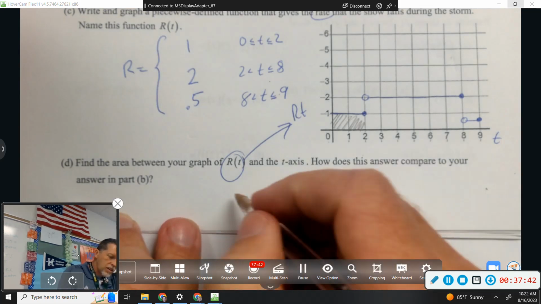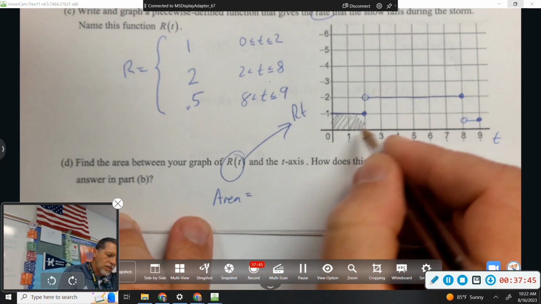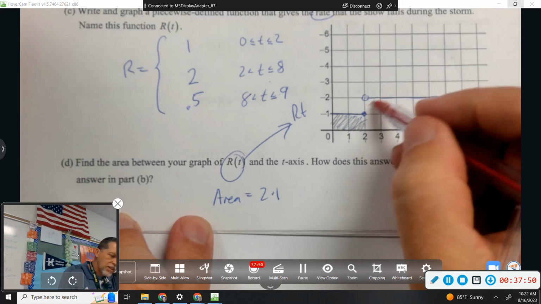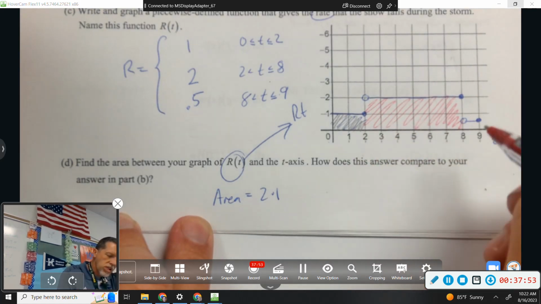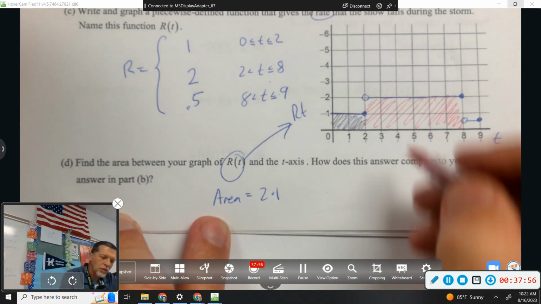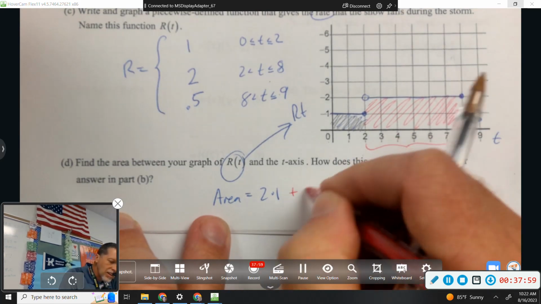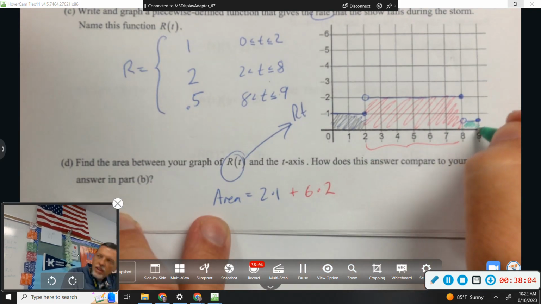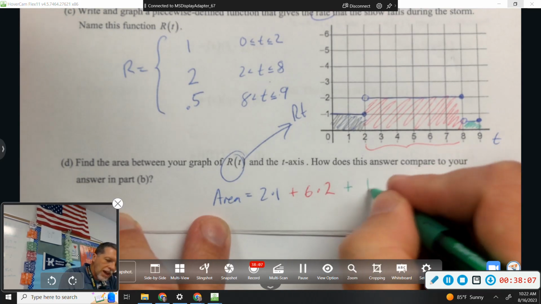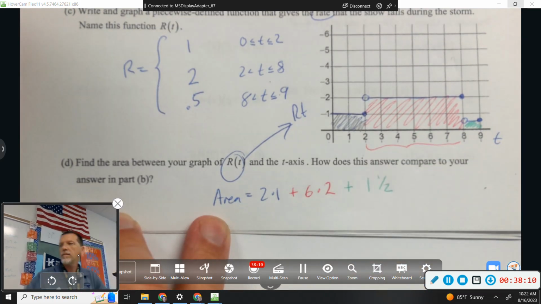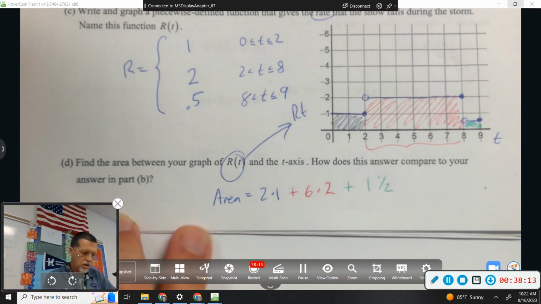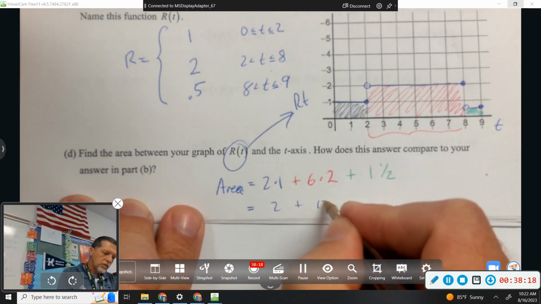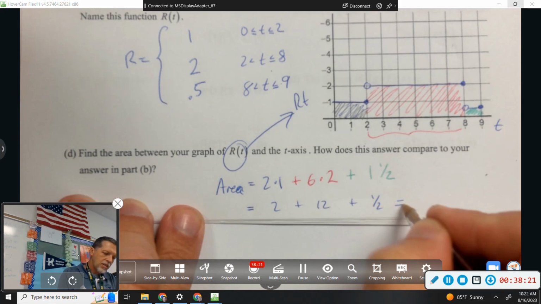So the area is 2 times 1 plus, be careful, don't do 8 times 2 because the width of that is 6. 6 times 2. Plus 1 times 1/2. Thank you. So let's see, that's 2 plus 12 plus 1/2 is 14.5.